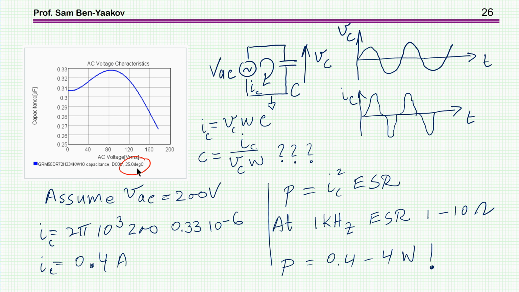Maybe it's the ambient, or even if they put the capacitor into a bath of oil, which is kept at 25 degrees, the inside of the capacitor, the temperature sure will be high. So this curve doesn't say really much, it just gives you an indication that something is happening when you change the amplitude of the AC excitation.